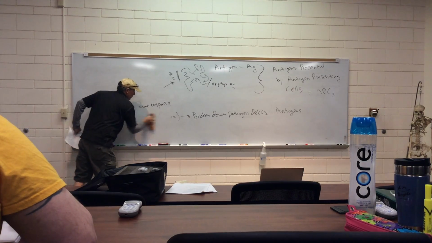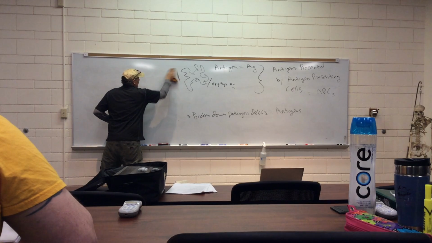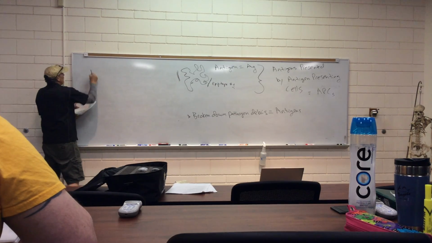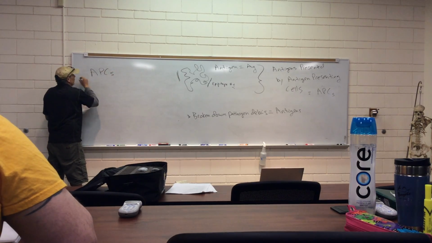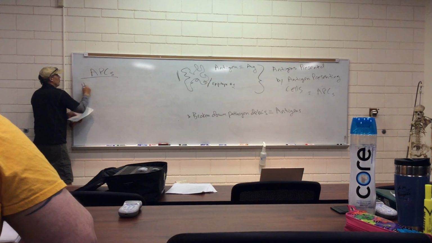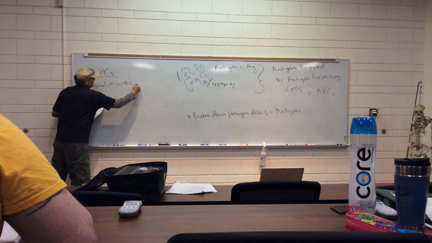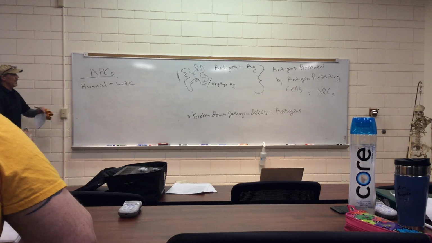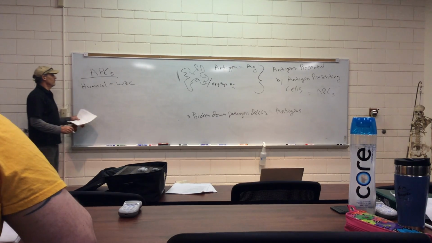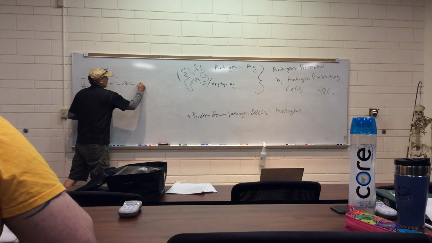We have a few different types of antigen-presenting cells. I'm not going to go through the whole litany of them, but I'll give you an example of some of them. So, antigen-presenting cells in the humoral system are these white blood cells that basically phagocytize and break these things up into their little antigenic epitopes. So white blood cells in the humoral system.